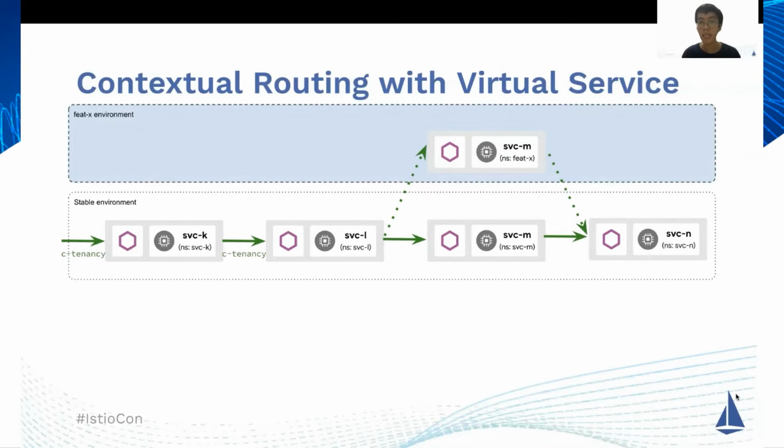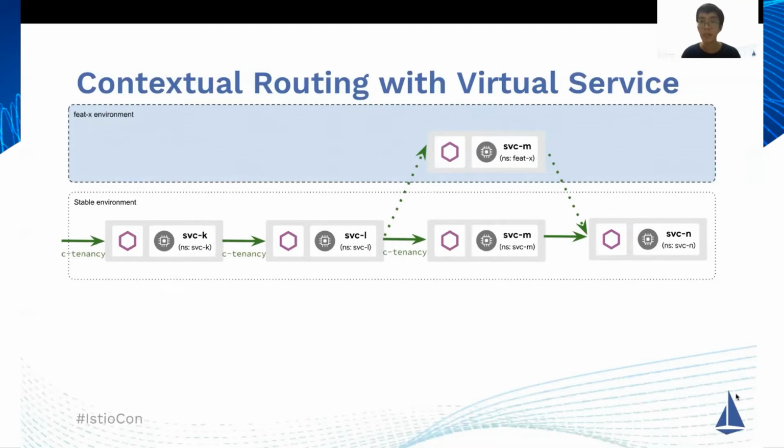And now service L, whenever it makes a call to service M, also propagates the C tenancy header. If the C tenancy header is feature X, then the request will be routed to service M in the feature X environment. Otherwise, if the C tenancy header is undefined or we put any random value, we will use service M in the stable environment.